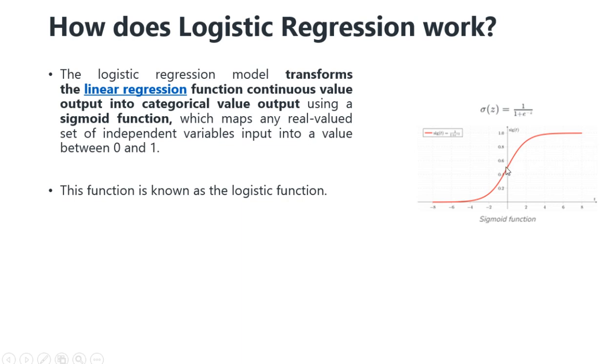Greater than 0.5, the values will be on the right-hand side of the curve, and less than 0.5 the curve will be on the negative side of the x-axis. This is known as the logistic function, and the equation for the logistic function is 1 divided by 1 plus e to the power of minus z.